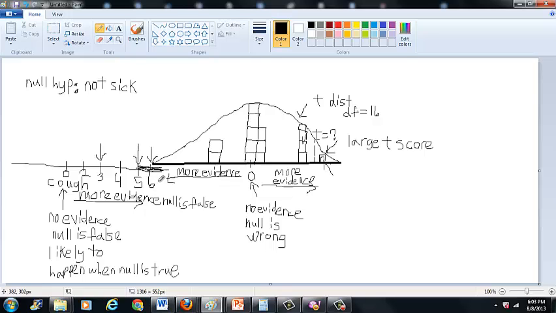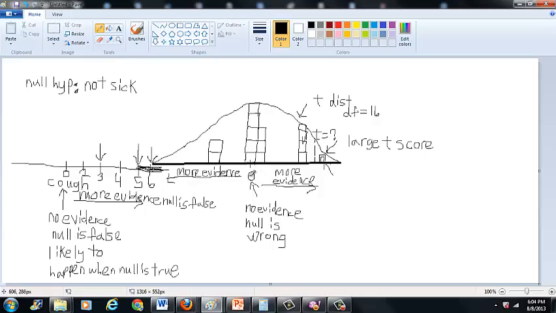So I hope that analogy helps explain this concept of how you have a hypothetical situation when the null is true, and you have a curve that shows how likely each t-score is to be found in that situation, and 0 at the center is showing no evidence that the null is wrong.